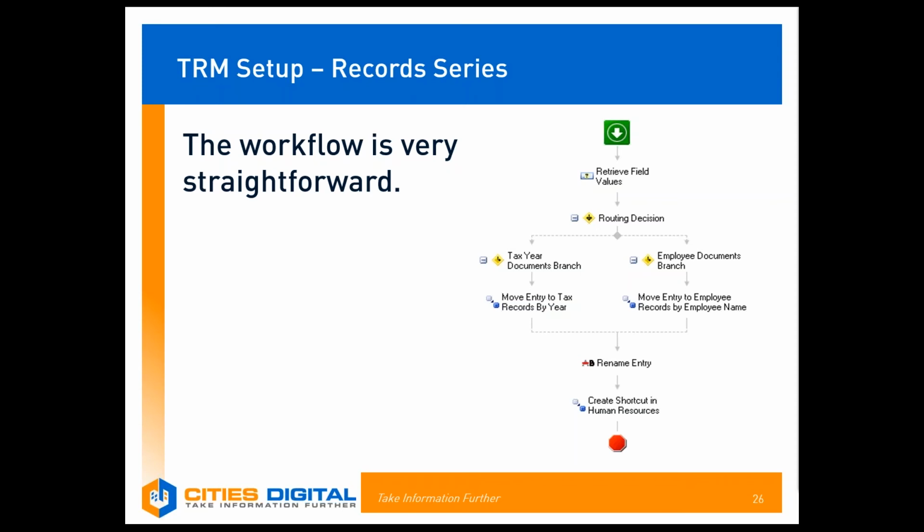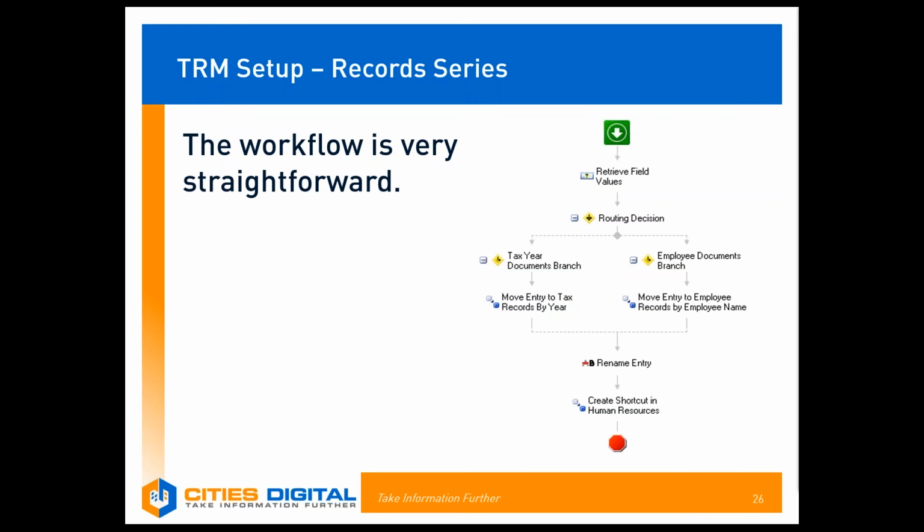So that's the first step. Then there's a routing decision. So there's some sort of logical decision that has to take place there that says, what type of document is this? Is it a tax record in this case, or is it not a tax record? So this one's pretty easy. The routing decision obviously can be broadened out if you have multiple needs based on all of the different document types. You might have a branch for each of those.